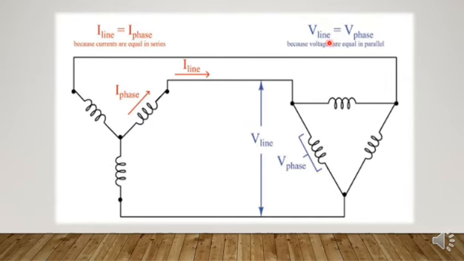Samantalang dito naman, yung line voltage is equal to the phase voltage because voltages are equal in parallel. So, ito yan. Yung phase voltage, magkakaparehas yan kasi. So, ito pa lang magagamit natin yung background na nalaman natin sa easy class natin.